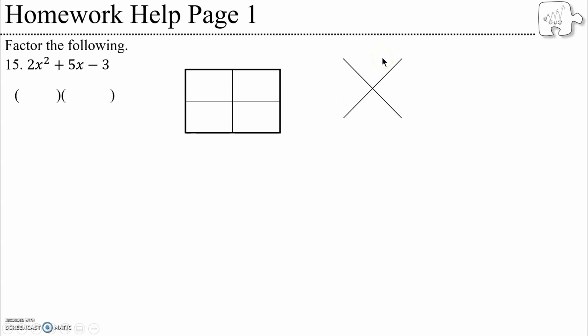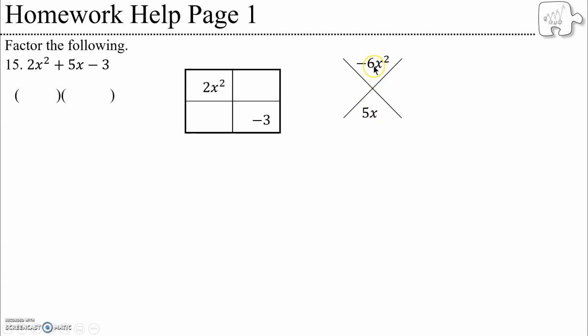The first thing is we put the first and the last terms in the corners, 2x squared and minus 3. We multiply them together, and then we put that at the top of our diamond. 2x squared times negative 3 is negative 6x squared. Then we always put the middle term down on the bottom, 5x.